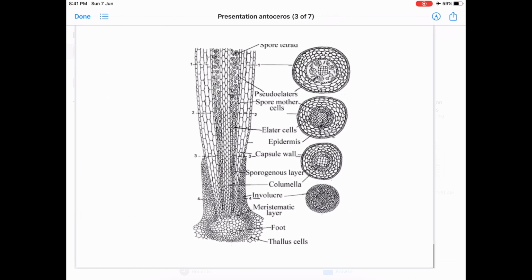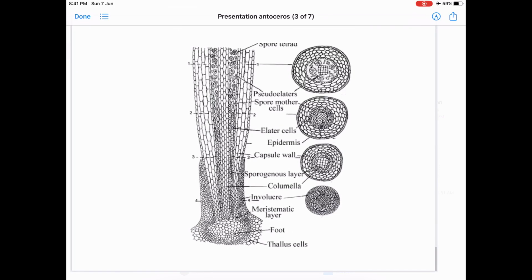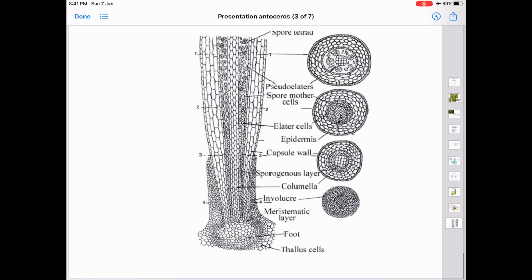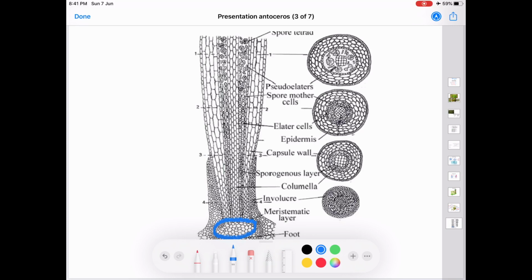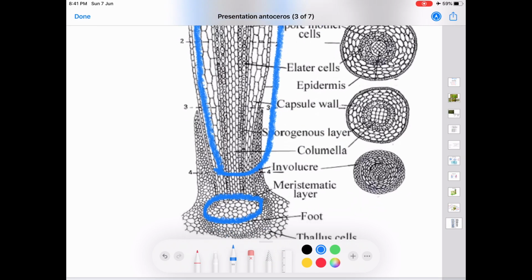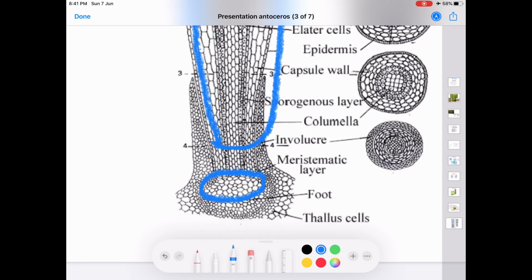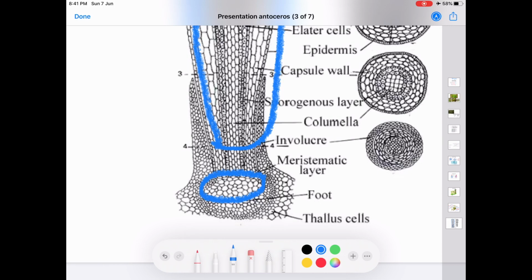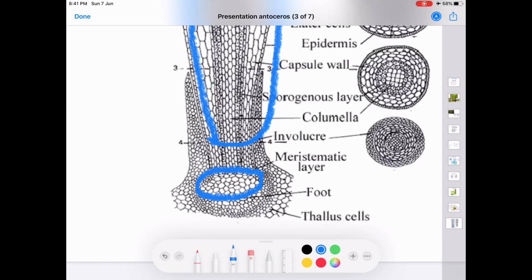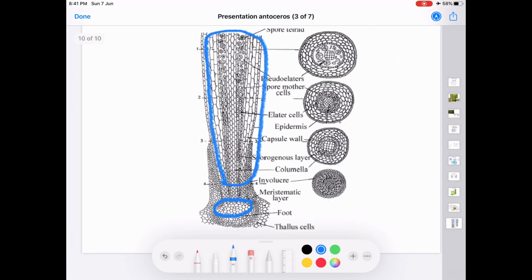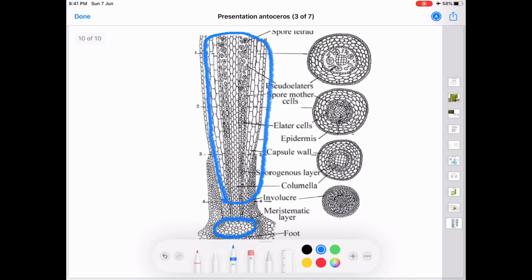Here you can see the internal structure of the sporogonium. I have told you that the sporogonium is divided into foot and a capsule. The foot is deeply embedded inside the thallus. The main function is anchorage of the sporogonium to the thallus. It consists of parenchymatous cells and is bulbous in nature.